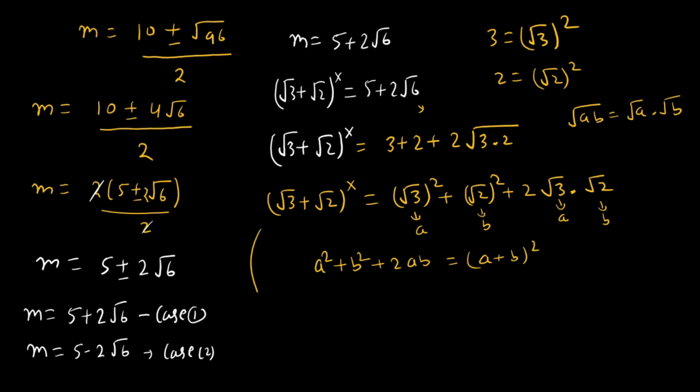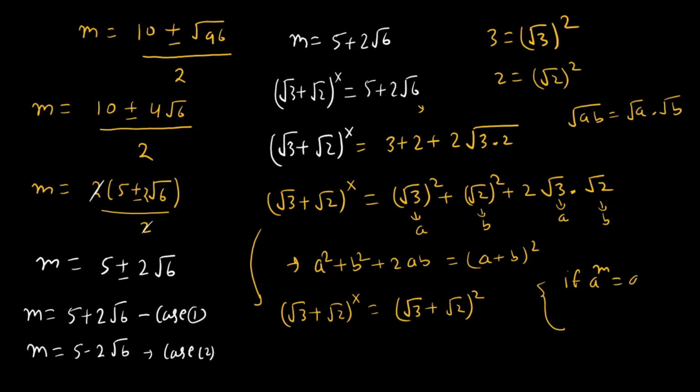Now in the left hand side, (square root of 3 plus square root of 2) power x, and this is equal to, in the right hand side we will apply this identity, then this is the same as (square root of 3 plus square root of 2) power 2. We know that if a power m equals a power n, this implies m equals n.